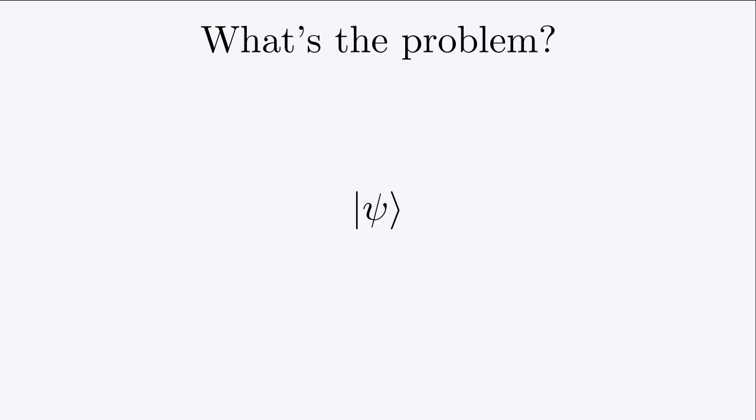So, you want to build a quantum computer. First of all, you're going to have to find a way to protect your quantum information from the big bad world. Somehow put a box around it. But at the same time, we want to leave open the possibility for some manipulation of this quantum information.